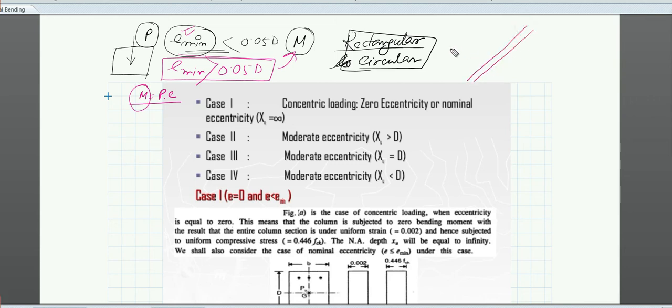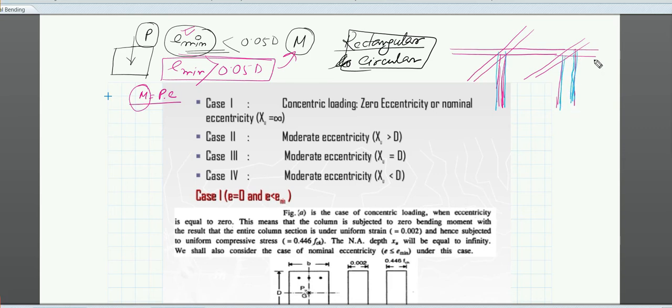Because of the frame action, the column might have some additional moment to it. Suppose this is a frame, these are the beams and these are the columns. These two are the columns, let me show it by blue color.